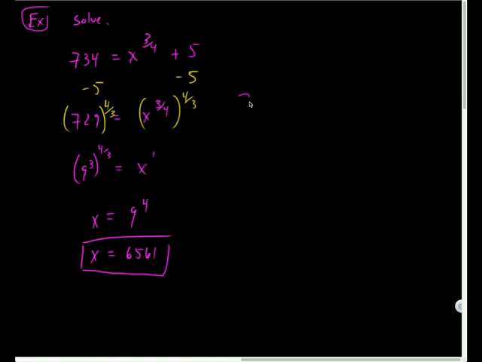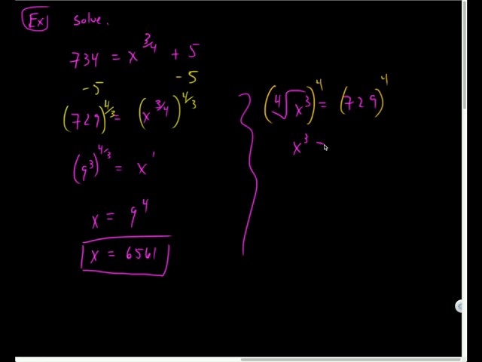My alternate path would have been, I could have written that as the 4th root of x to the 3rd equals 729. And you could have raised both sides to the 4th power. Then I would have been left with x cubed equals whatever that is, and then I would have cube rooted both sides.